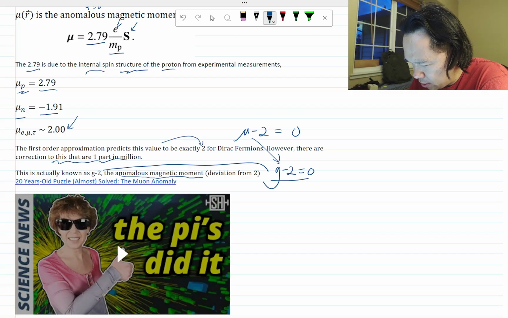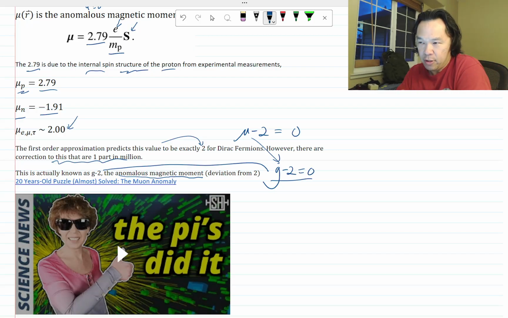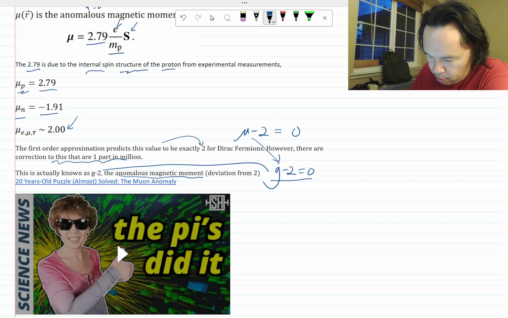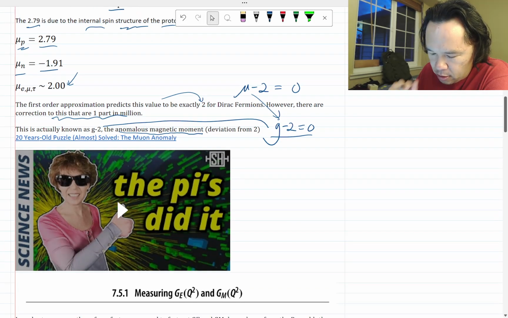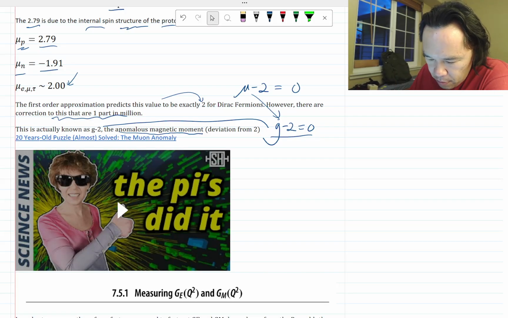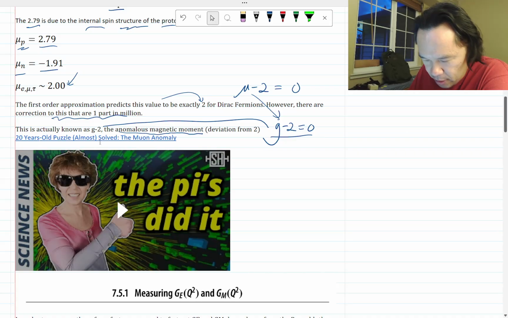So g minus 2, and whenever you see an experiment with a new measurement of g minus 2 for whatever particle we're talking about, that's what they are trying to measure: how close is it to exactly what the first order approximation for the Dirac fermion gives. In fact, this is a 20-year-old puzzle that's almost solved these days.